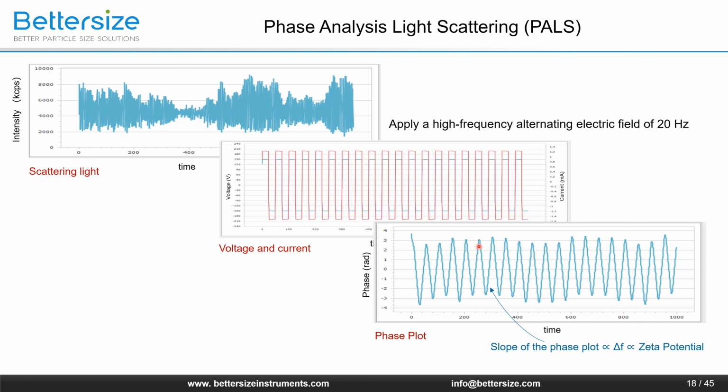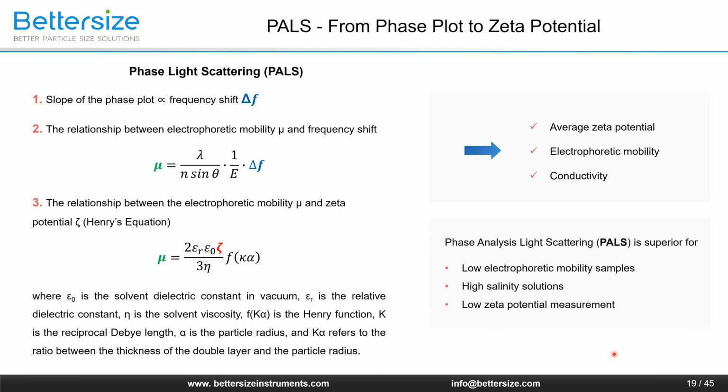The slope of the phase change in time is proportional to the frequency shift. Since the electrophoretic mobility is proportional to the frequency shift, the zeta potential can be derived from Henry's equation using the electrophoretic mobility. So, PALS can provide parameters including average zeta potential, electrophoretic mobility, and conductivity.